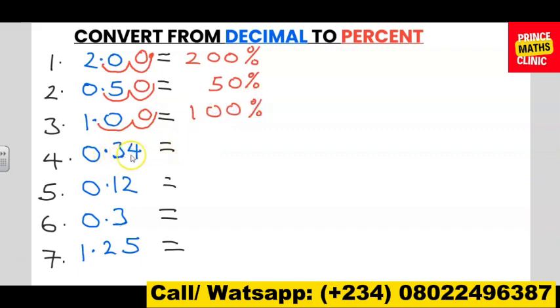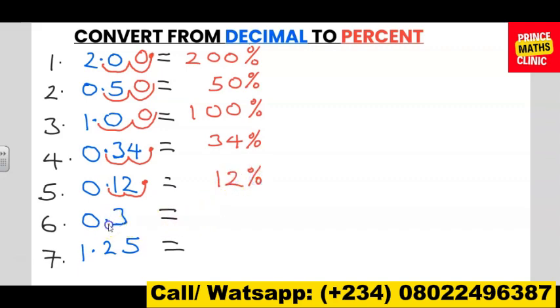Now this is already 2 digits after the point, so all I just need to do is to move my decimal 2 steps towards the right. So there's my point. So this is now 34%. Good. Similarly, I have 2 numbers after the point, so I move twice. The point is now here, so I have 12%. Good.